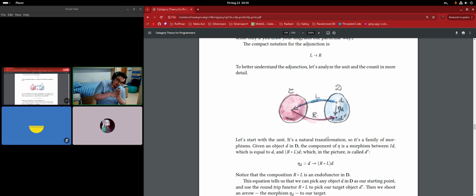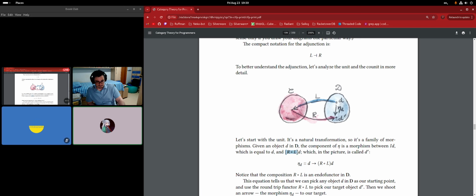Given an object D in D, the component of eta is a morphism between ID of D, which is equal to D. It's the identity functor applied to D, which is equal to D in this case, by definition.